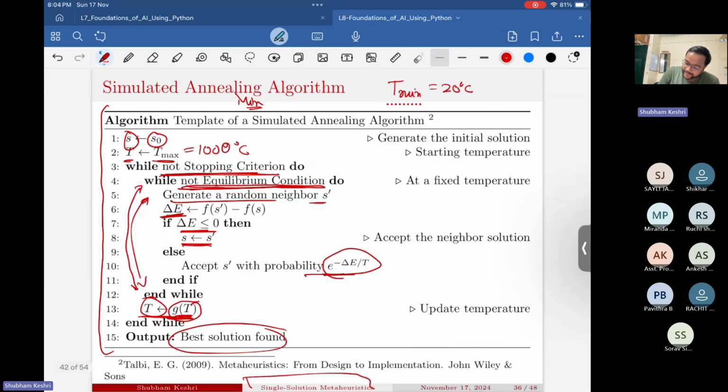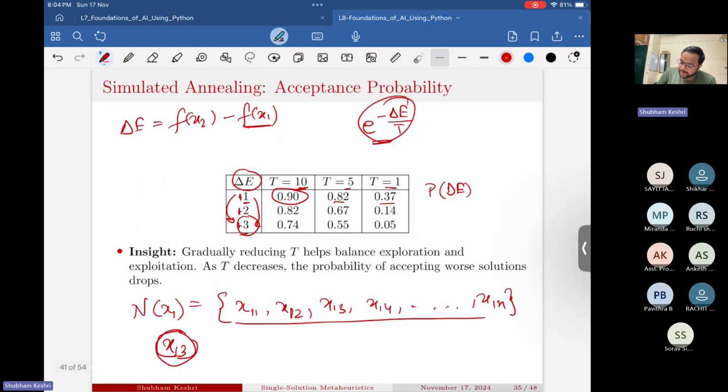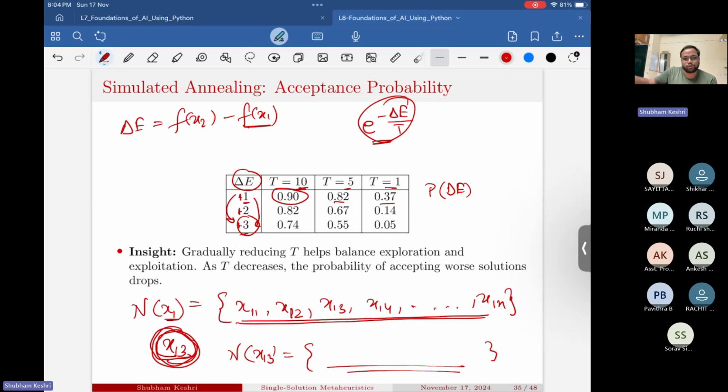So you see it is written here, generate one random neighbor s dashed. So it is picking randomly one neighbor from this neighborhood. If it is a good solution, then it will move to x13 and then x13 का neighborhood generate होगा. It will go to that solution. If not, then there is some probability with which it can go to that neighbor.